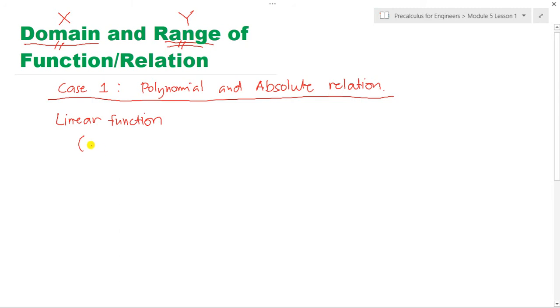So for a linear equation, class, what is the degree of our equation? When we are talking about degree, it deals with the exponent of our variable. So for linear, what is the exponent of the variable?